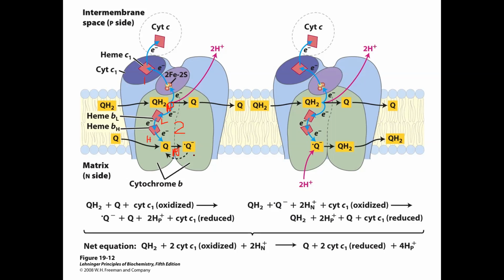Now, why does it do this? Well, because in order for this to receive these electrons here, what does this need? This needs a proton from the cytosol. And now this is going to receive another electron from another ubiquinone that binds.